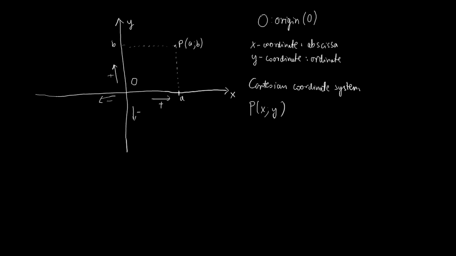Let's talk about increments and straight lines. When a particle moves from one point to another, the net changes in its coordinates are called increments. They are calculated by subtracting the coordinates of the starting point from the coordinates of the ending point. If x changes from x1 to x2, the increment in x is delta x, which is x2 minus x1.